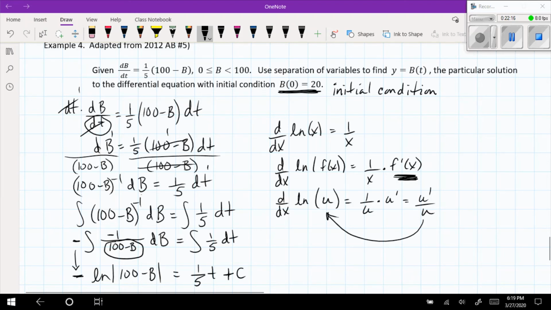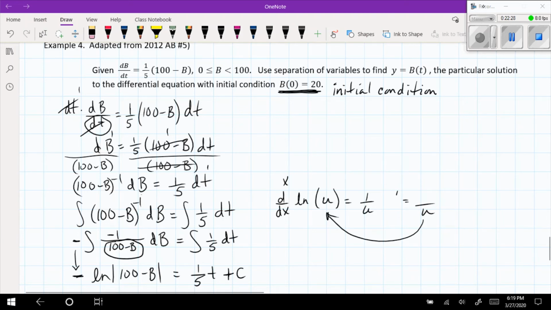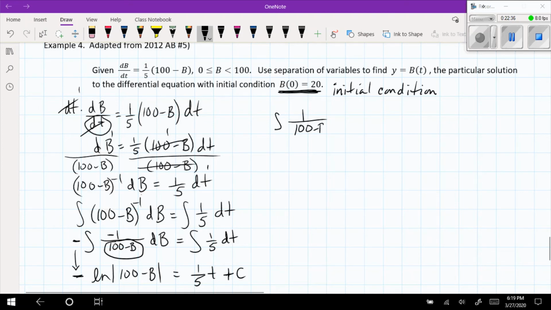Okay, so is there anybody that would like me to go to the side and do a U-sub for that problem? And I know someone's saying, yeah, show me what the U-sub would look like for that. So I am going to do that. Let me erase this information. I'm going to go back to the original question on the left-hand side of the equation, which is the integral of 1 over 100 minus b dB, and we are going to do a u-sub for that.